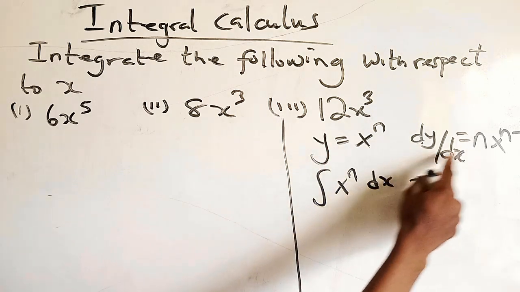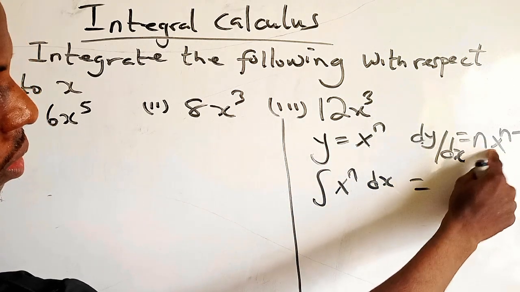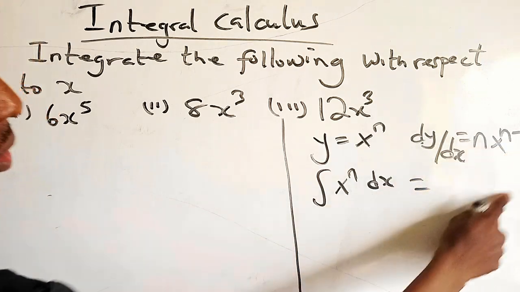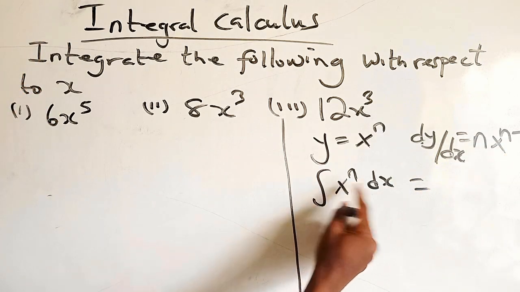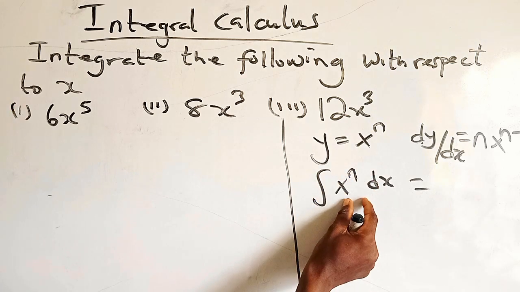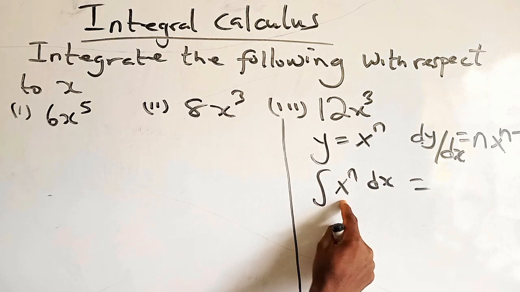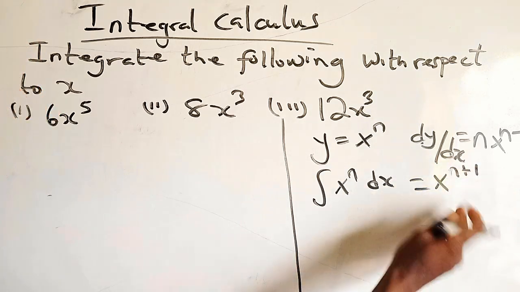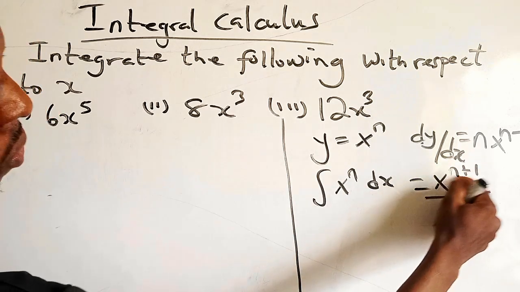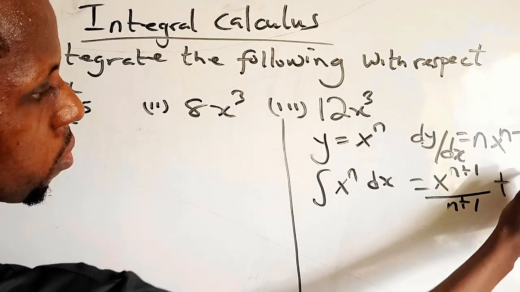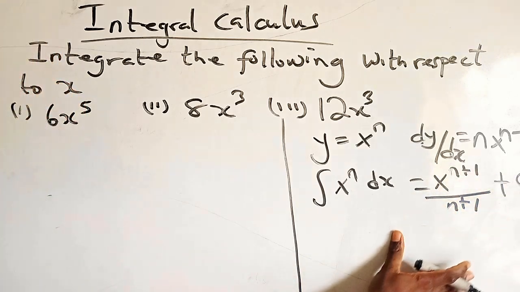Unlike differentiation, where I multiply what I have here with the power and subtract 1, for integration I have to add 1 and divide everything I'm having by the power. So I have x raised to power n plus 1 over n plus 1, and I introduce a constant of integration.